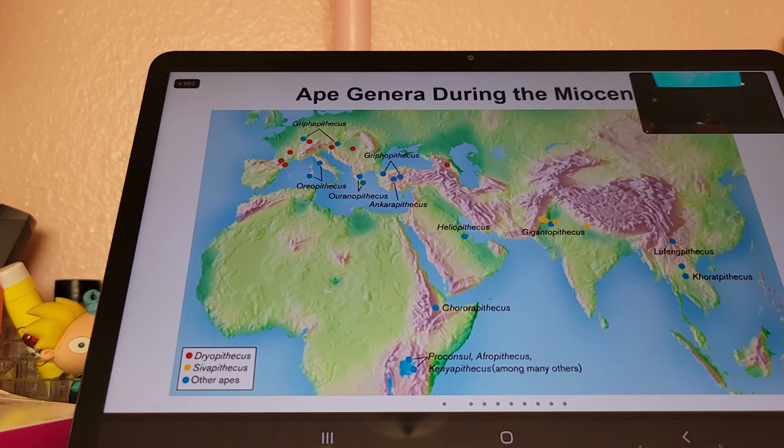We also have apes in Asia, which you probably also would expect, given that there are apes living there today. But we have quite a few species with apes in Europe, right? All the way across Europe. And what could explain this wide geographic distribution of apes during the Miocene?